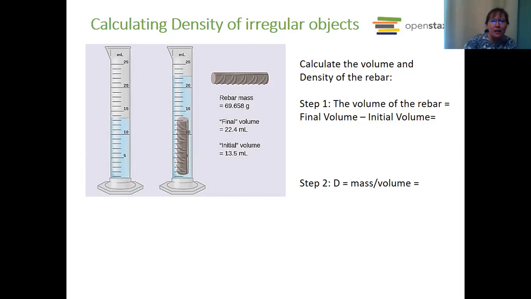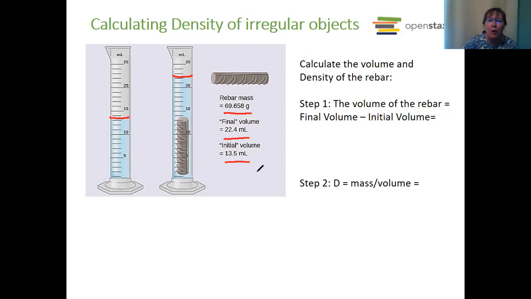So let's take a look here. We have a variety of things listed. First, we have a rebar mass at 69.658 grams. We have a final volume and an initial volume. Here's our initial volume and here's our final volume. What we need to do is figure out the density of our rebar.